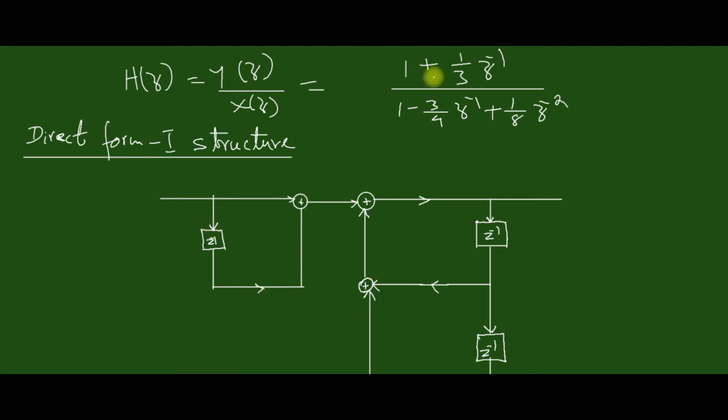Here B0 is equal to 1 itself, then B1 is 1 by 3. Here A1 is minus 3 by 4, so this will be 3 by 4.